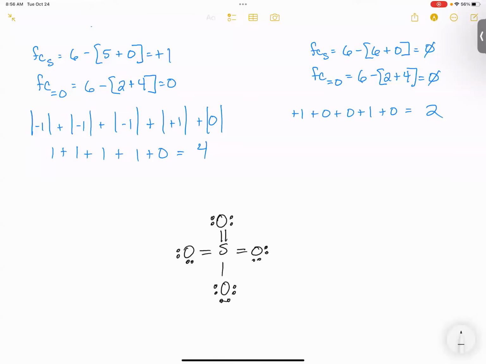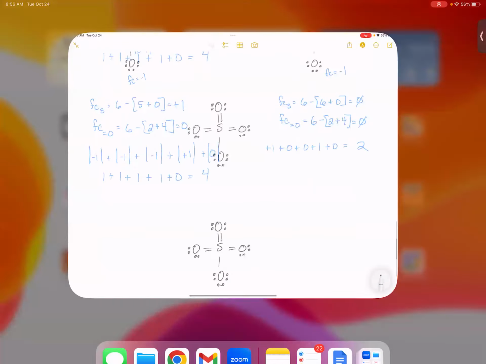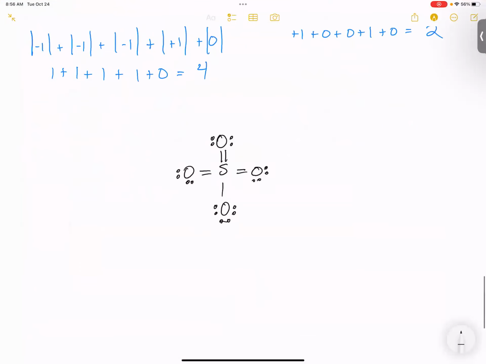So this structure also has a formal charge, absolute value right now, of 2, just like the other one. But there's some reason why you can't have this structure.